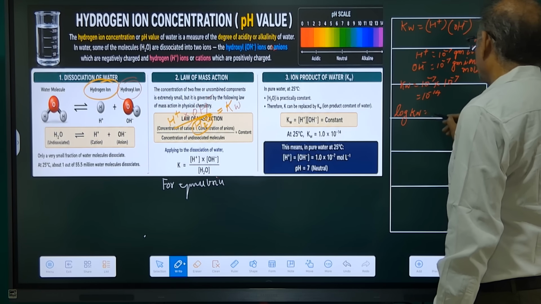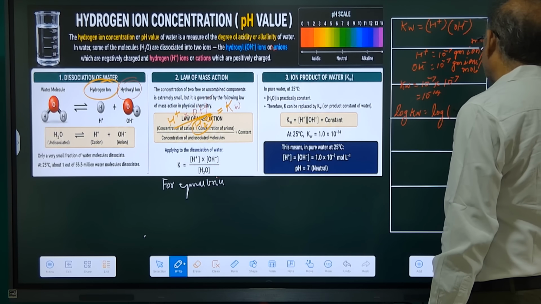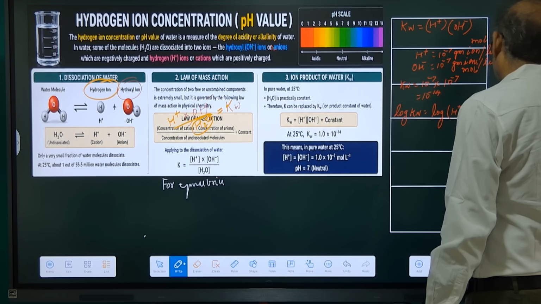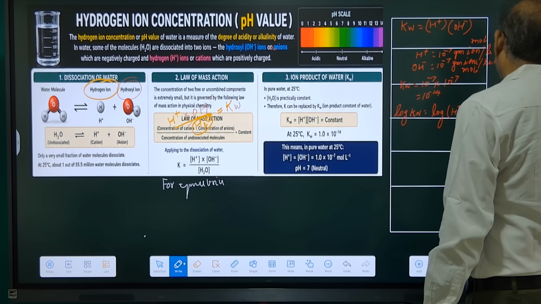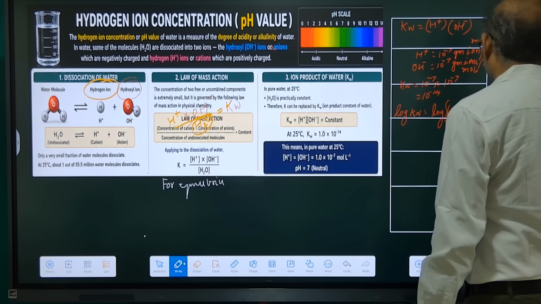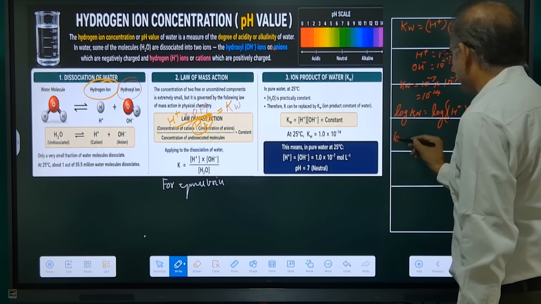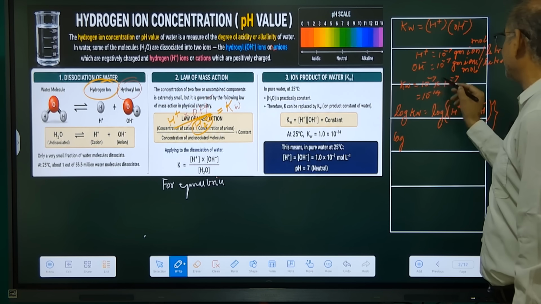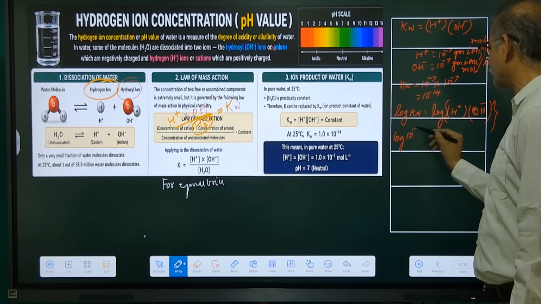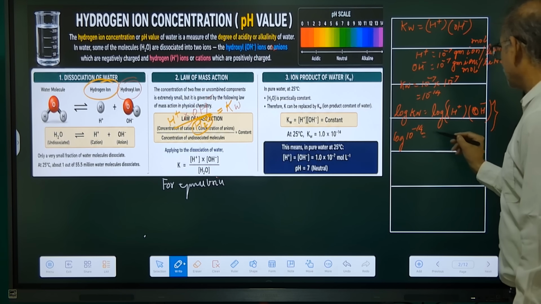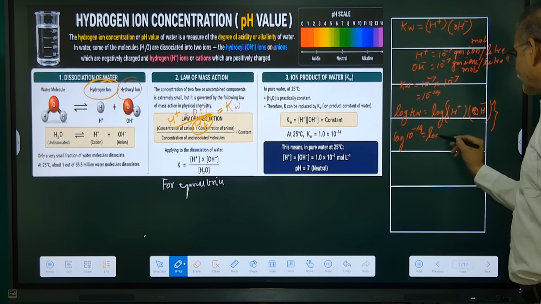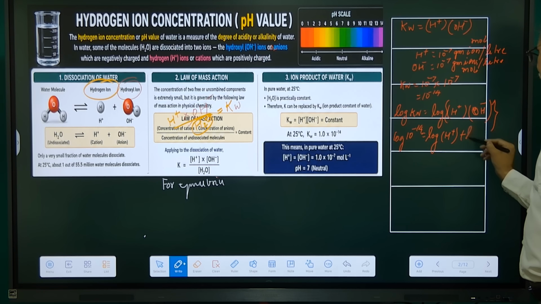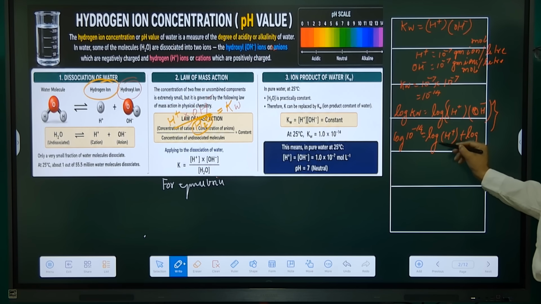Now taking the log of Kw, which is equal to the log of H+ ion into OH- ion. We can say the log of the Kw value, derived as 10 to the power minus 14, is equal to log H+ ion plus log to the base 10 OH- ion.